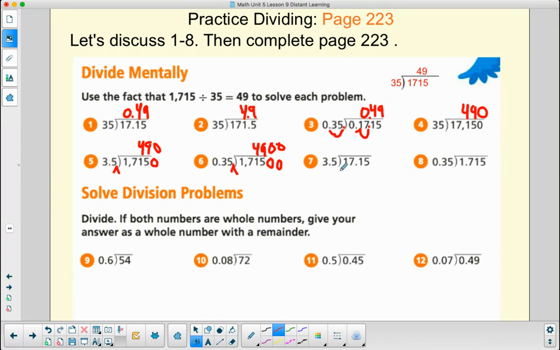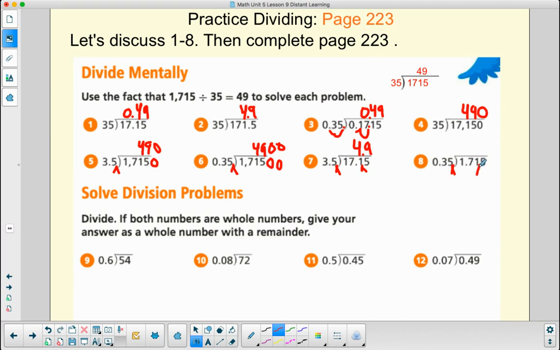Now I'm dividing, I have 1 decimal place, so I'm going to multiply by 10. That scooches my decimal once to the right. That means I need to scooch this decimal once to the right. My 4 and my 9 go over the 1 and the 5, and I have 4 and 9/10. Multiply by 100 scooches my decimal twice to the right. To keep an equivalent division problem, I have to scoot this decimal twice to the right.